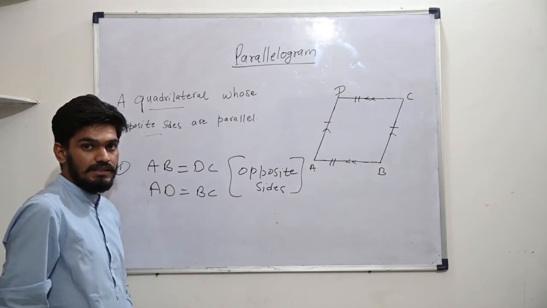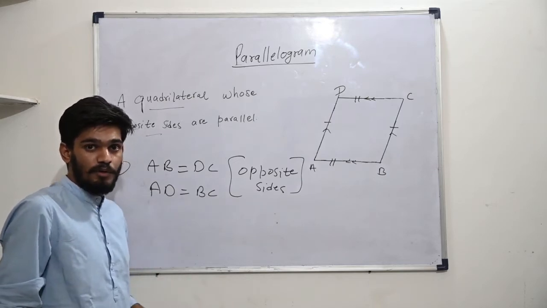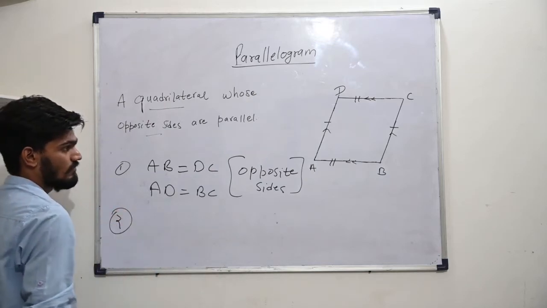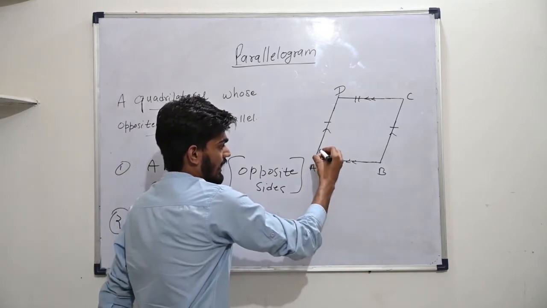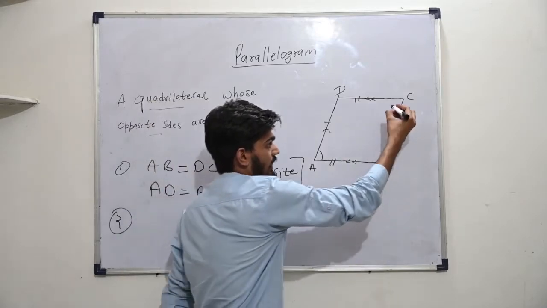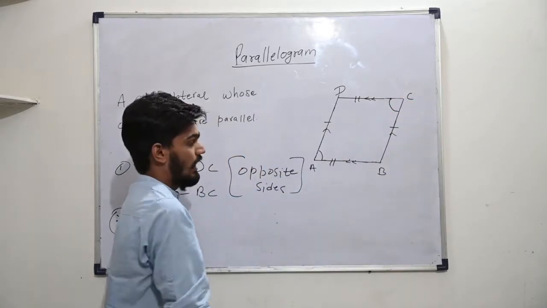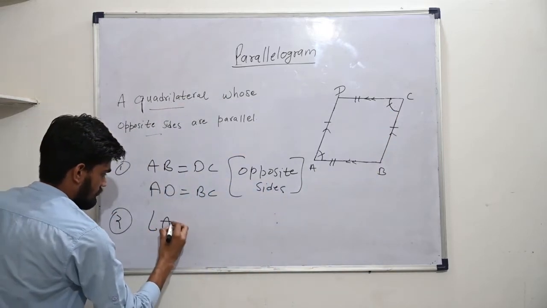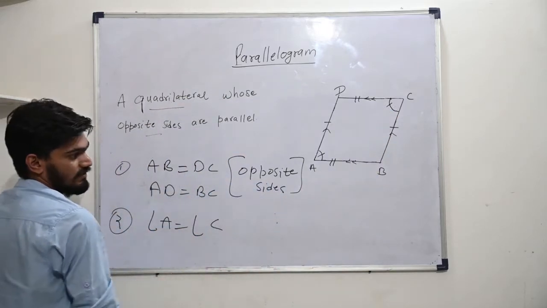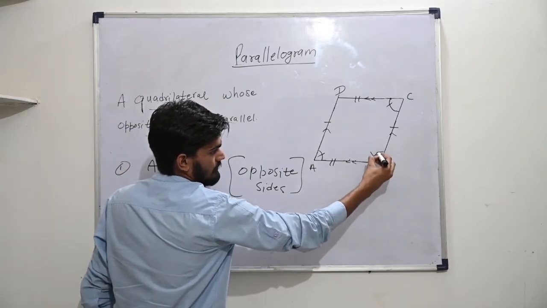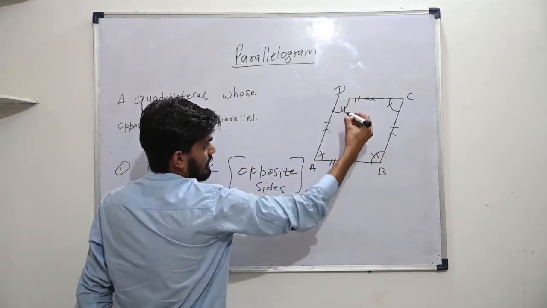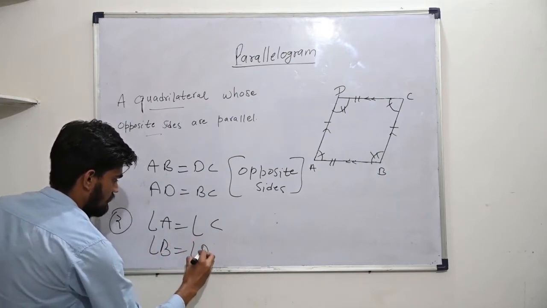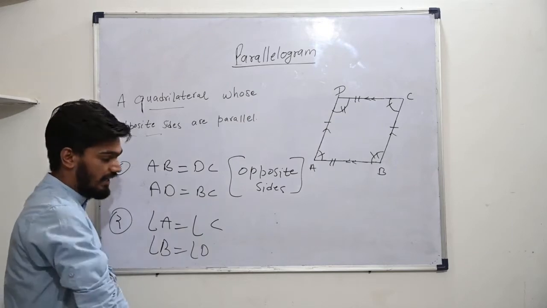Second property says that opposite angles of a parallelogram are also equal. That means angle A and angle C are equal, as well as angle B and angle D are equal, as they are opposite angles.